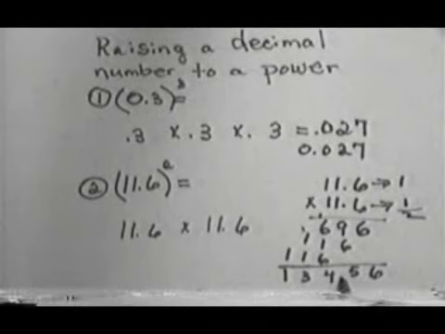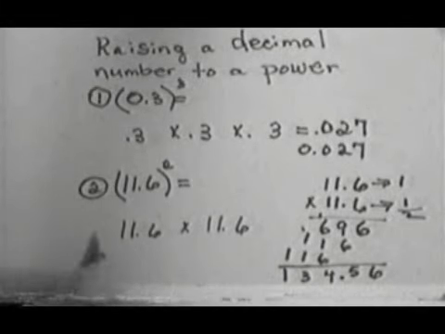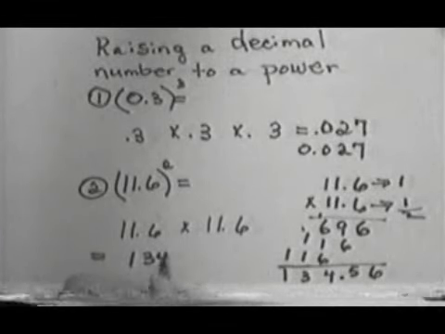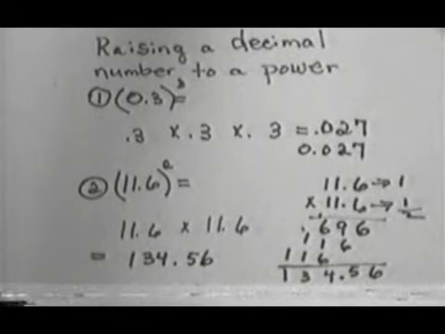So if we count over here and put in our 2 decimal places, I have 134.56, or 134 56/100ths.